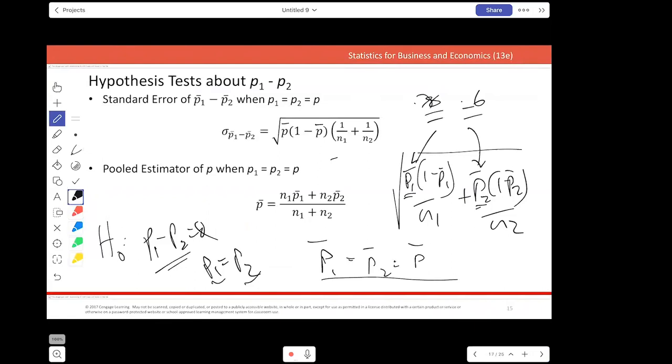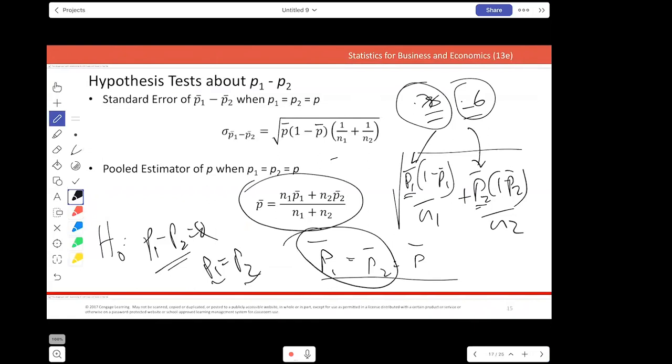We need one value. So because the sample proportions might actually be different from each other, we blend them, we combine them using this formula. We combine them to create a single estimate, so we have to find a way to blend that 0.78 and that 0.6 to create a single estimate.